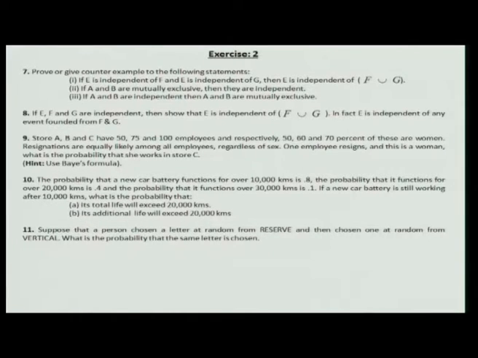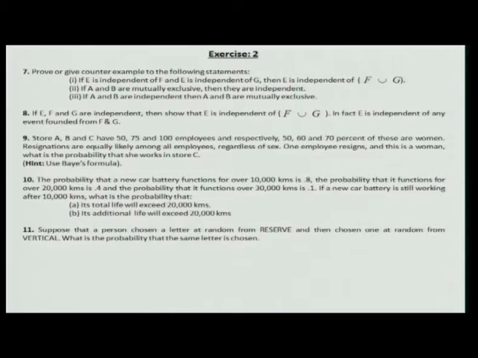Suppose that a person chooses a letter at random from RESERVE. That means it can be any of the letters R, E, S, V, and then chooses one at random from VERTICAL. What is the probability that the same letter is chosen? This is of course similar to the earlier counting of the number of combinations that are favorable.